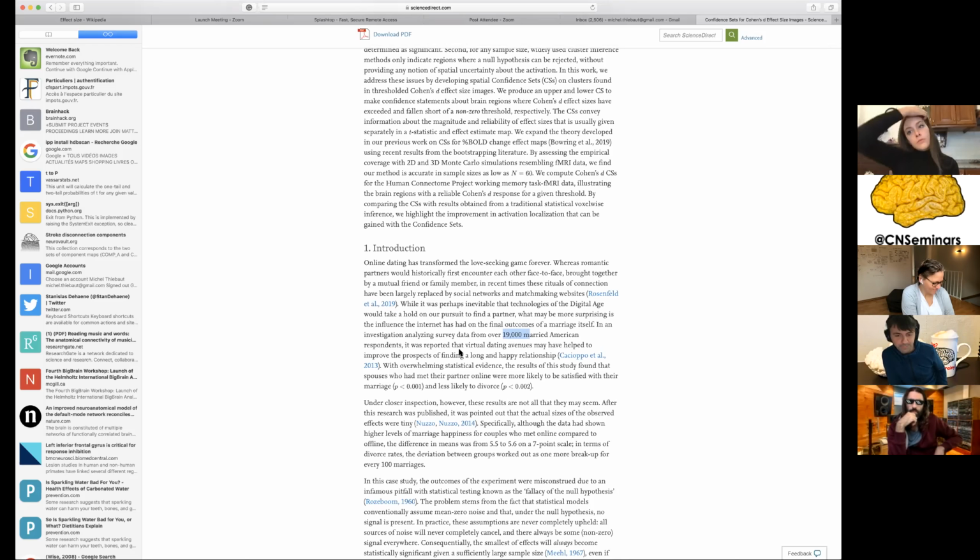However, what they stress is that because they tested on so many people, it was highly significant, but there was a very, very small effect size, which means that compared to people that didn't meet using online dating, if you were taking 100 couples, only one more divorced among those who didn't meet online.